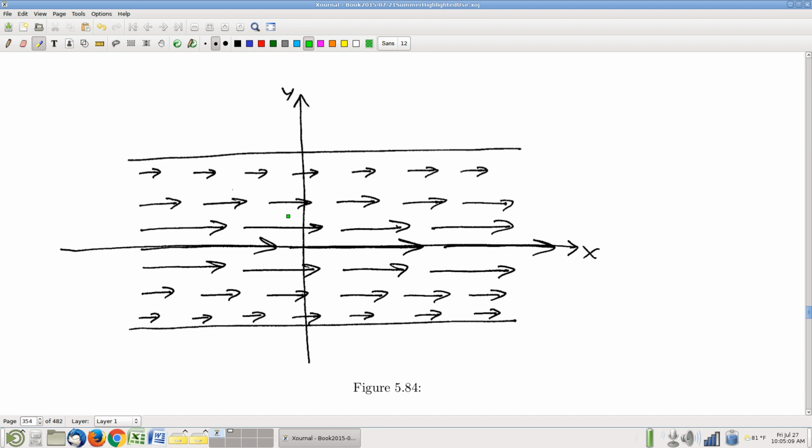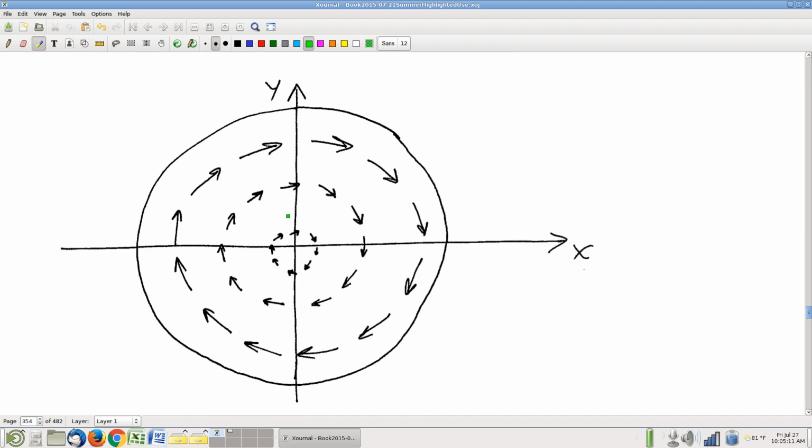Okay. Here's another vector field, representing another instance when I was thinking about flows. What is this? Well, I guess you could think about this as being the flow of water in a pot that I've stirred. Maybe.